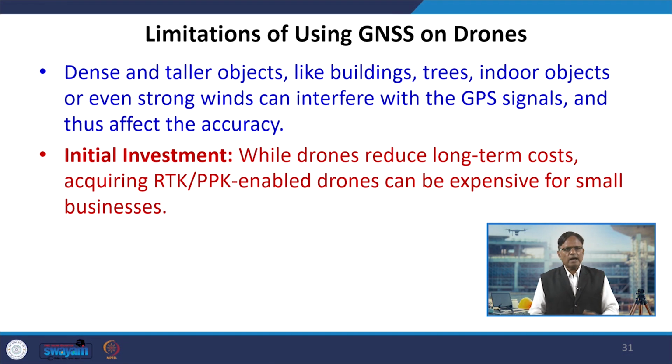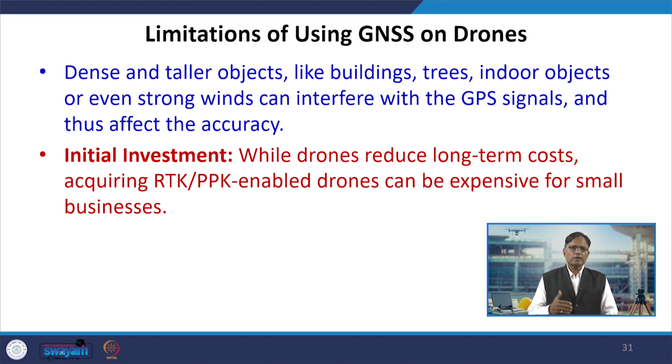Dense and tall objects, like tall buildings, indoor objects, or even strong winds can interfere with the GPS signal and affect the accuracy. The other limitation is that the initial investment for a complete system is very high, and this reduces its use.